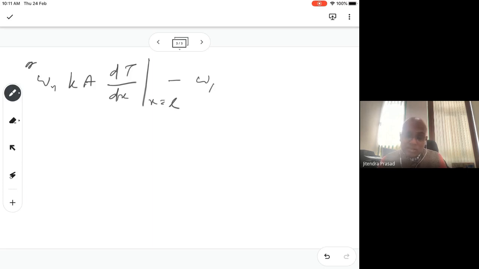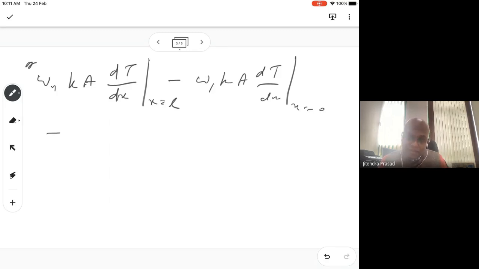W at x equal to 0, so W1 K A dT over dx at x equal to 0, then minus, right? Minus, and you will have what?